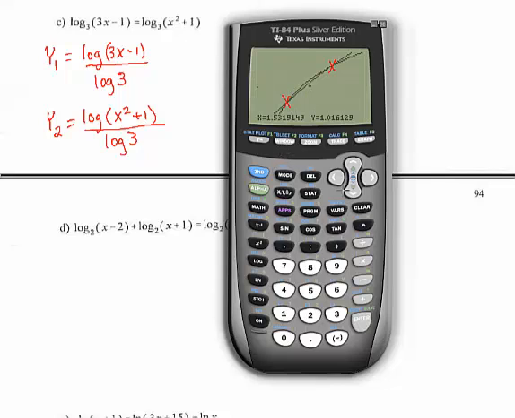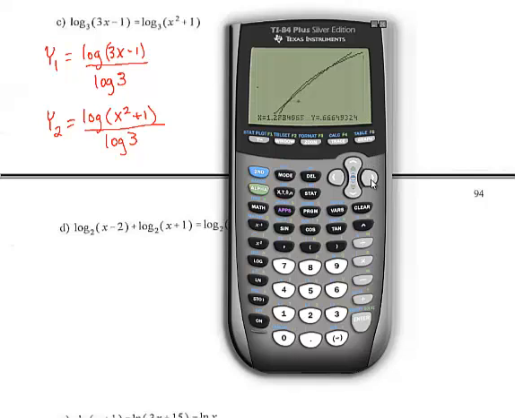Alright, if we want to approximate this, we could move our cursor over here and you can see that we land round about x equals 1, which was one of our solutions.